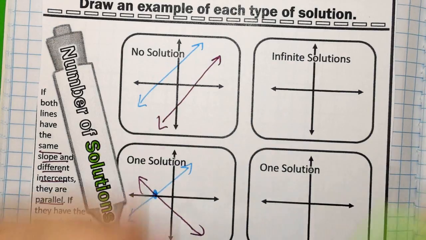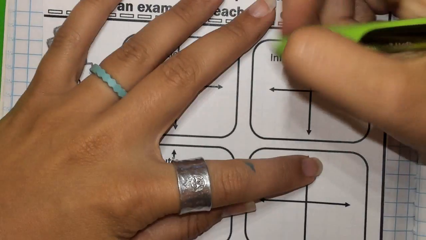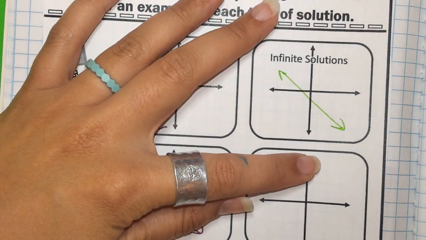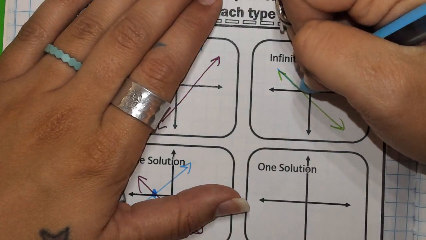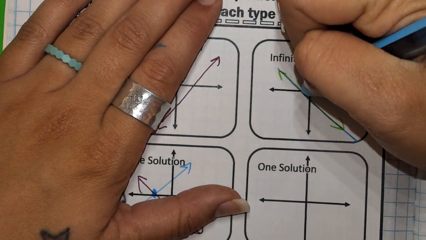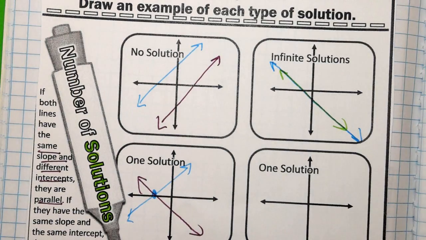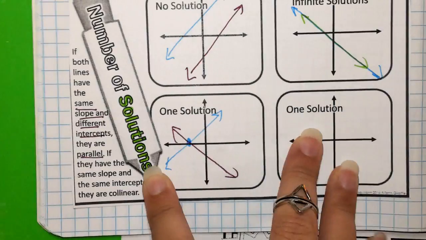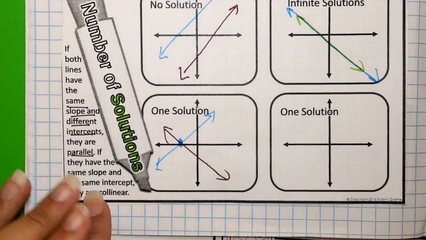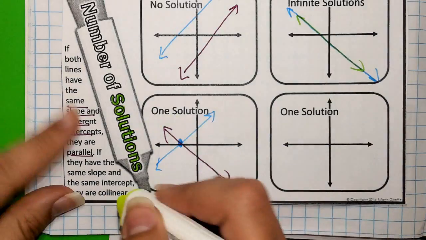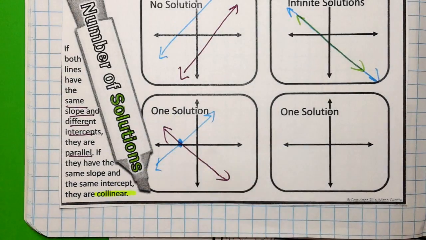So, let's draw this line. And then I'm going to draw a blue line on top of it. Now, it also says down here that if they have the same slope and the same intercept, they are collinear. Collinear is a fancy new word. What does the word linear mean?